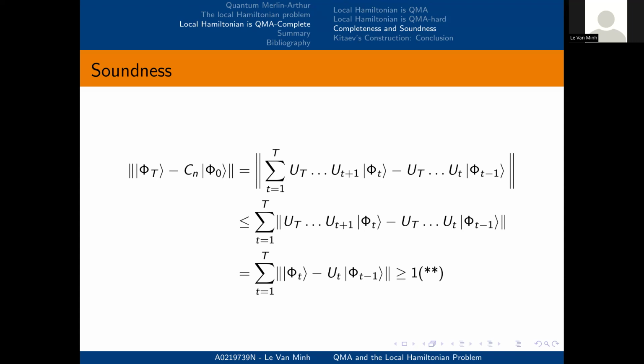And then we apply the triangle inequality, or in this case, some n-polygon inequality, and we will get the inequality on the second line.